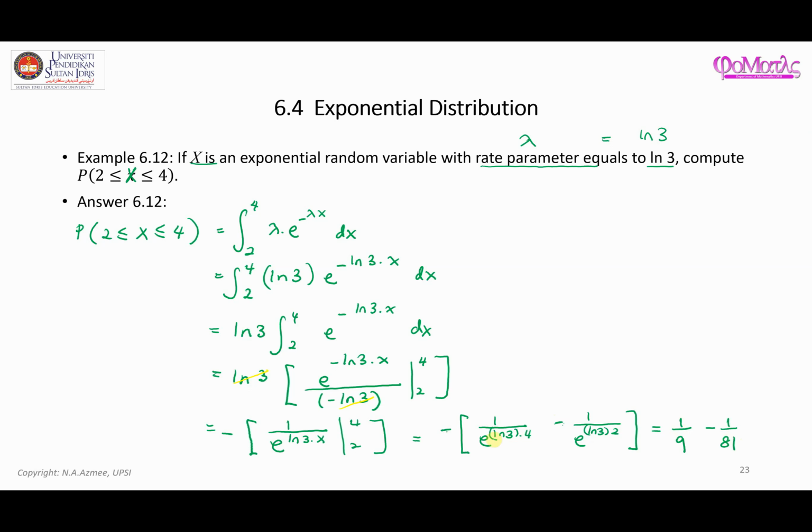So that's the result when you evaluate this term, and the final answer is going to be 8 over 81. Or you can also express it in decimal points, 4 decimal points maybe. This is equal to about 0.0988.